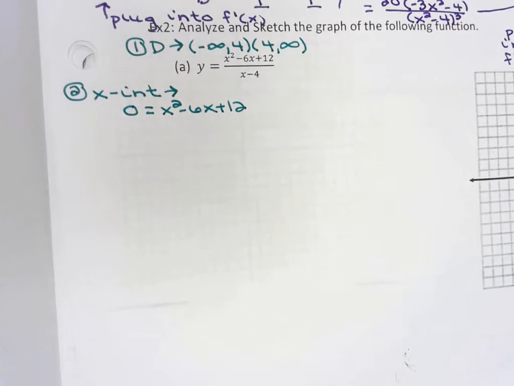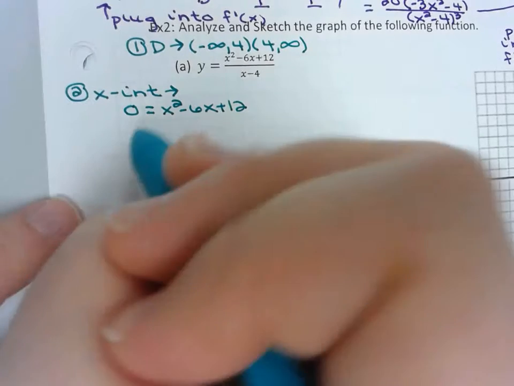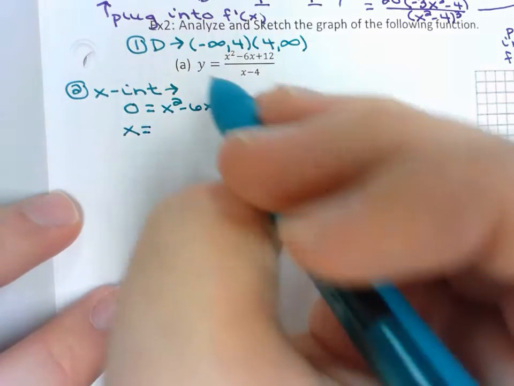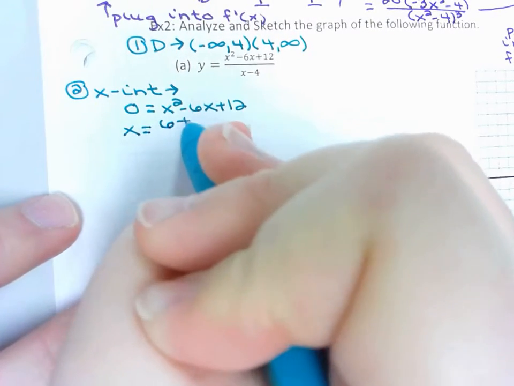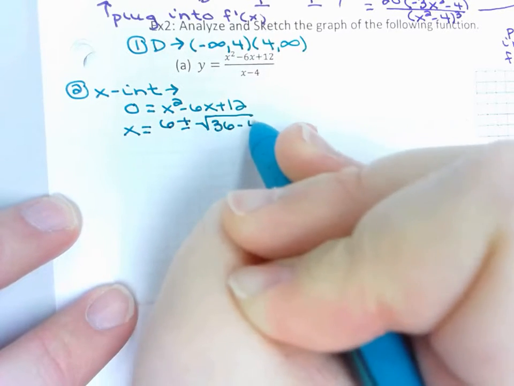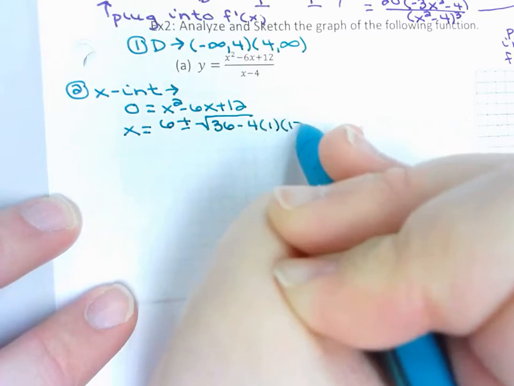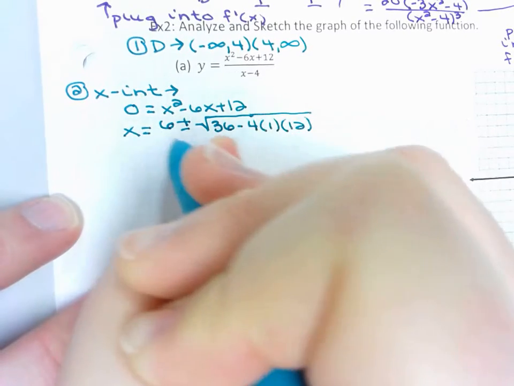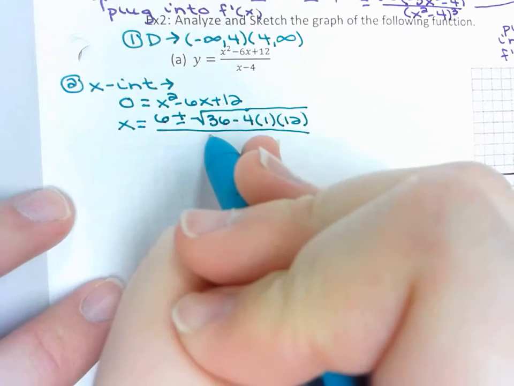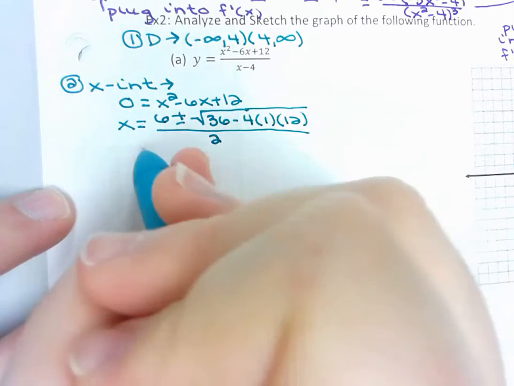So let's do the quadratic formula because we can, because it's Valentine's Day. So x equals negative b, which is 6, plus or minus the square root of b squared, 36, minus 4 times a times c, 1 times 12, all over 2 times a, so 2.